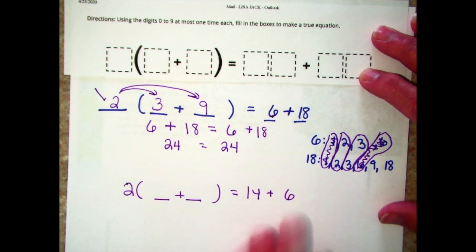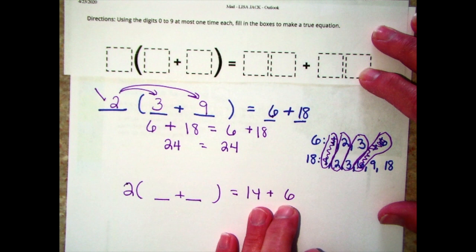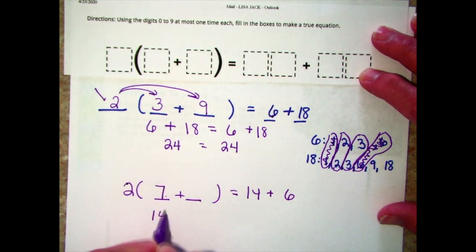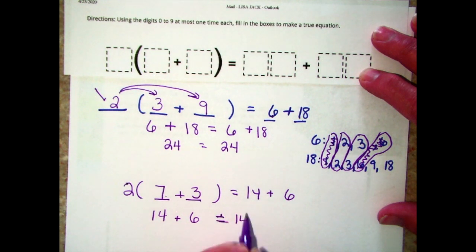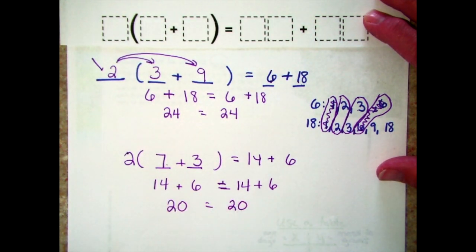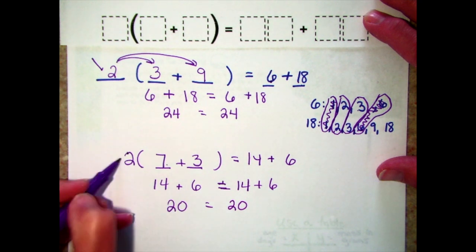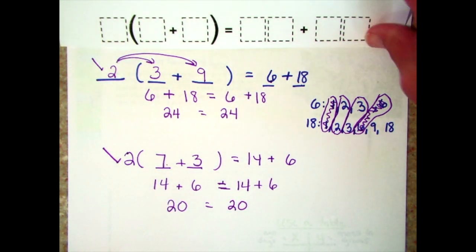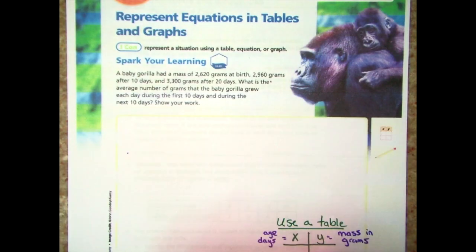So if I found the factors of 14 and 6, I could take a 2 out, and then I can say 2 times 7 is 14, and 2 times 3 is 6, and I have my equal sign, 14 plus 6, and 14 plus 6 is 20. And 20 on both sides means that they are true equations. So there's 2 examples of some possibilities for the challenge problem. Let's go ahead and get started on our lesson today.